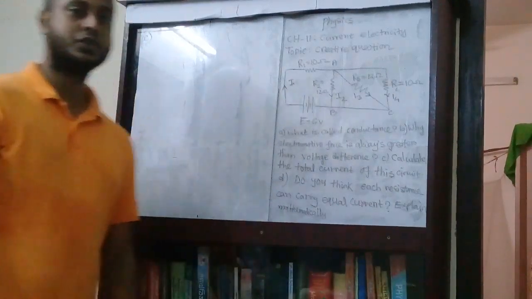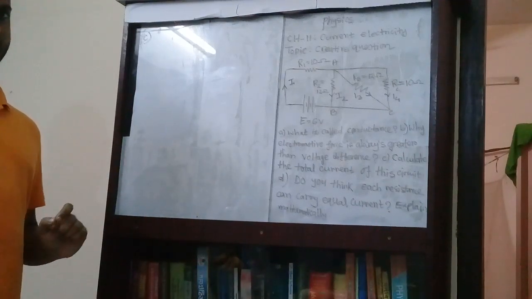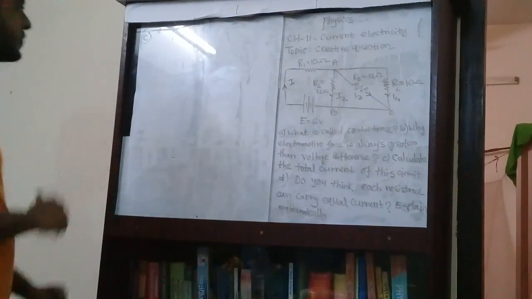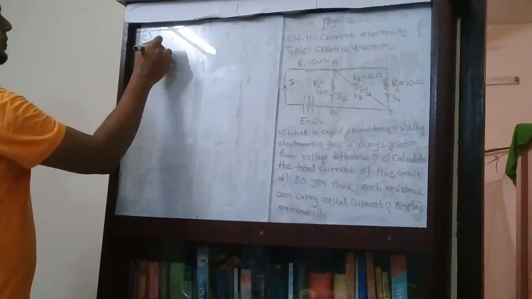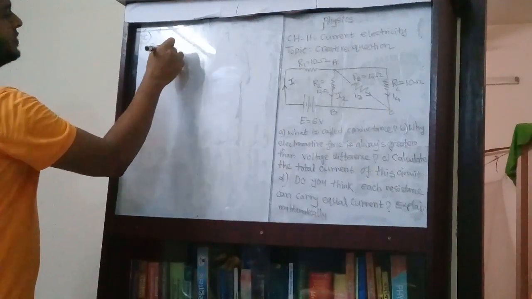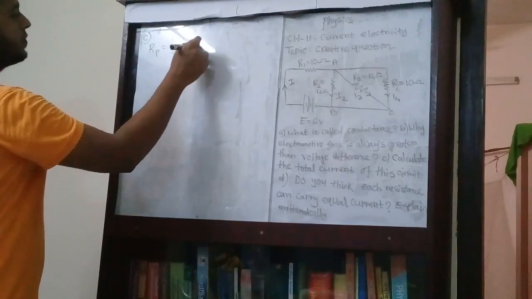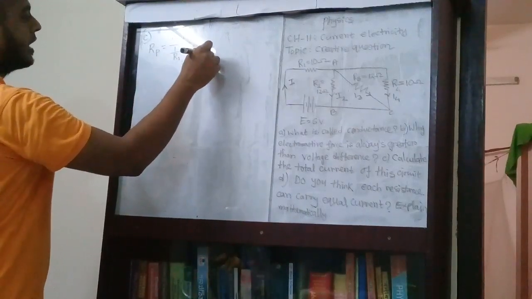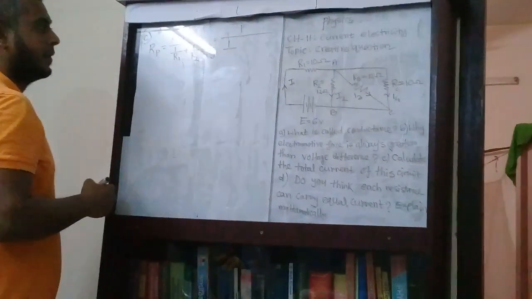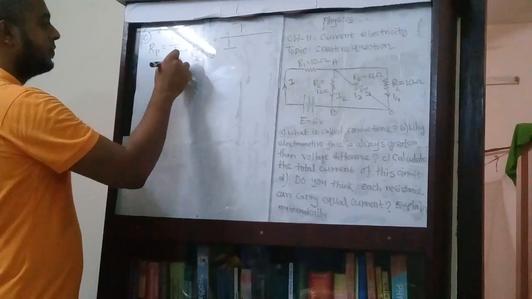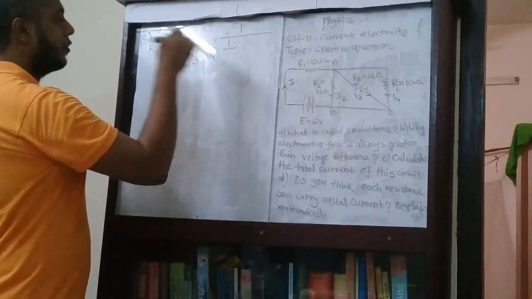Now I need to calculate the equivalent resistance of this connection in between the AB part. So the total resistance RP will equal 1 divided by 1 by R2 plus 1 by R3 plus 1 by R4.